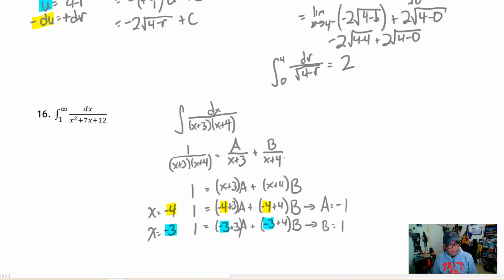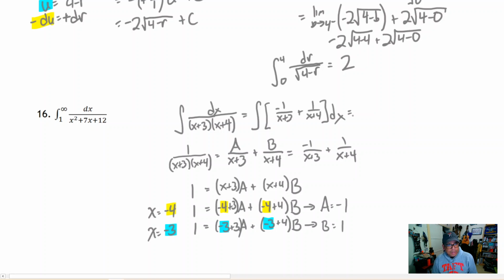Making my partial fraction decomposition negative 1 over x plus 3 plus 1 over x plus 4. Getting back to the integral then, the integral is going to be equal to the integral of negative 1 over x plus 3 plus 1 over x plus 4 dx.